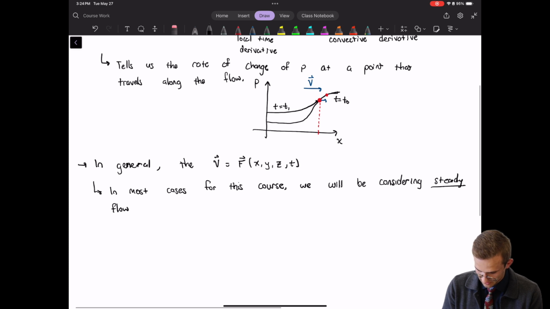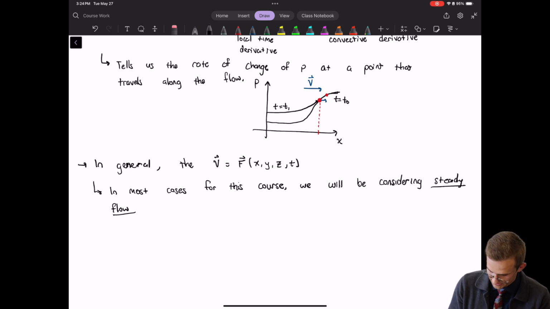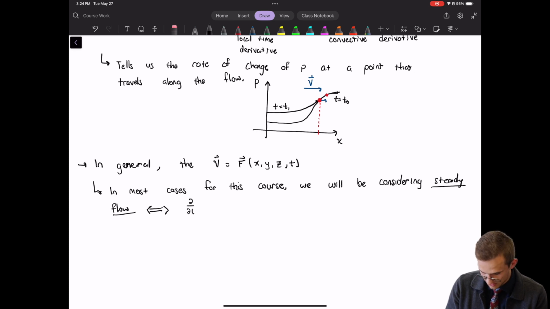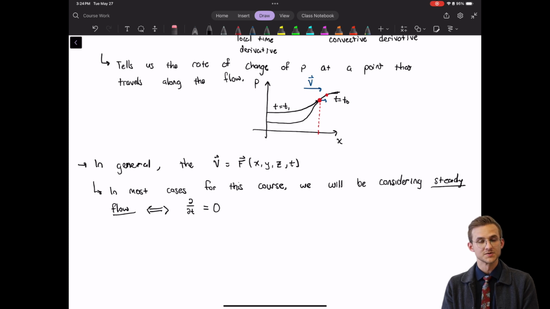What does steady flow mean? Okay, steady flow is completely interchangeable with the statement that the operator d by dt is equivalent to 0. So anytime you take the partial derivative with respect to time of something, it just goes to 0. It's the same as multiplying by 0. Okay?